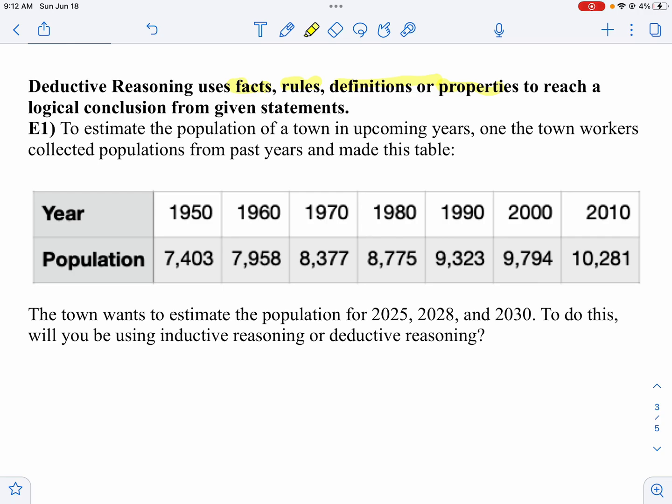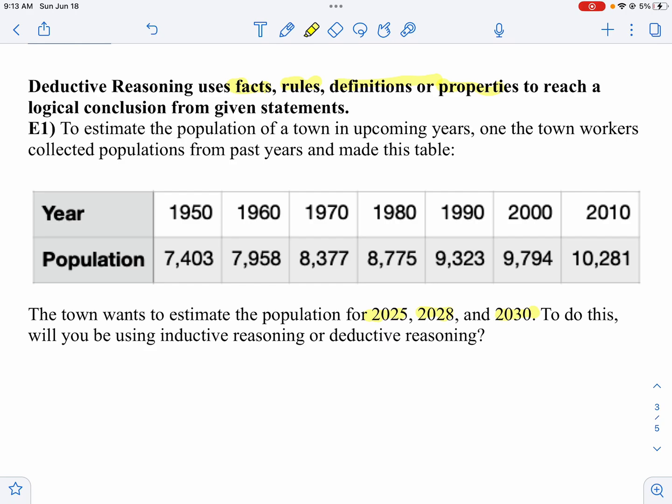And so if we take a look at example 1 here, to estimate the population of a town in upcoming years, one of the town workers collected populations from past years and made this table. They want to estimate the population in 2025, 2028, and 2030. Well, to do this, are we going to use inductive or deductive?